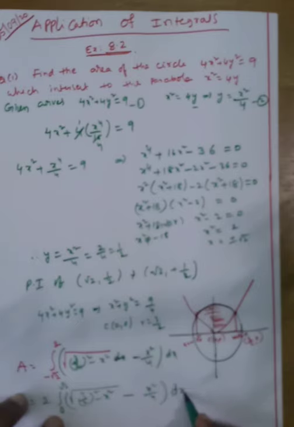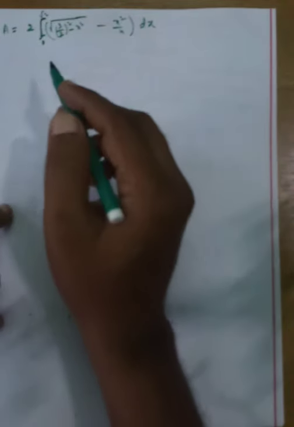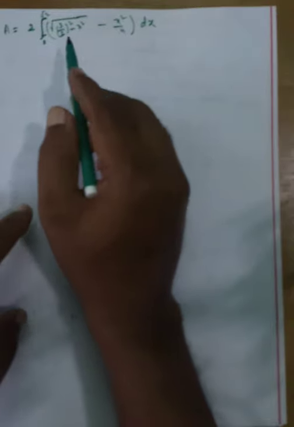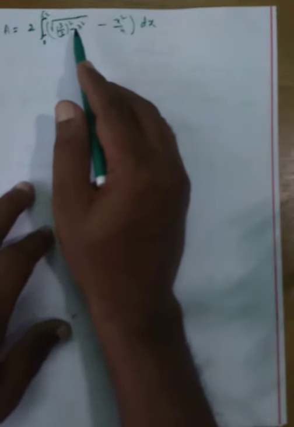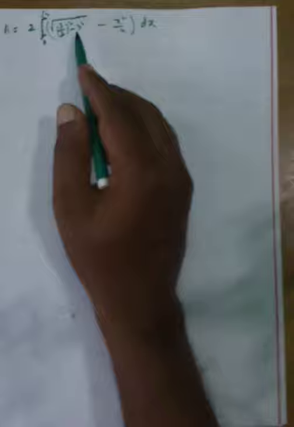Okay, my dear students. Here 2 into 0 to root 2. Here the formula is root over a square minus x square. Yesterday, in the last 3 classes, I used this formula a number of times.